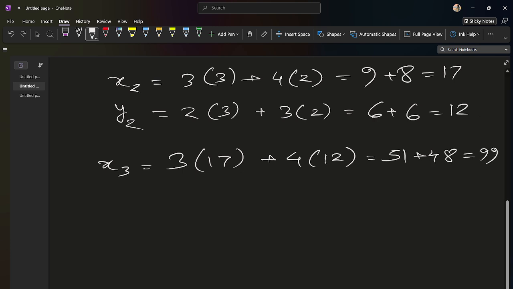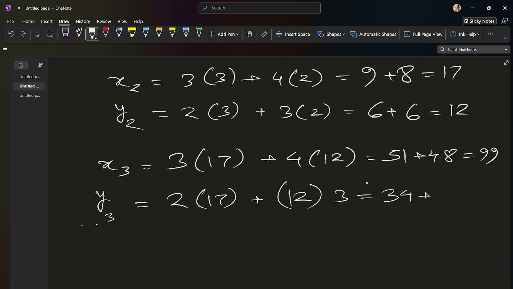So this is not a prime here, and y3 equals 2 into 17 plus 3 into 12, so that is 34 plus 36, which is 70. I had made a mistake earlier, so that will be 70.